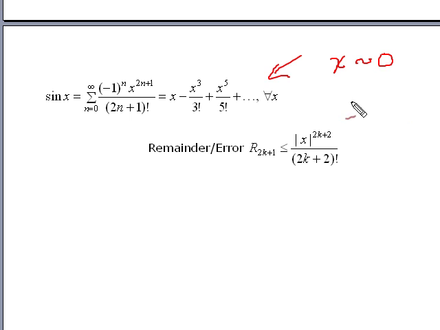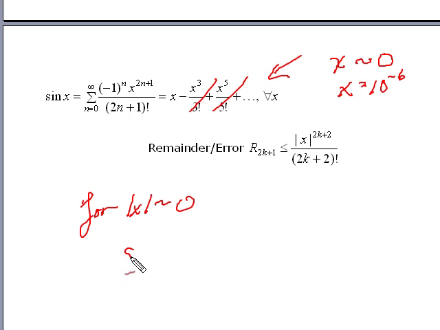If x is close to 0, then x cubed, let's say, pick any number you want, 10 to the minus 6, obviously x cubed is very, very small. X to the fifth is even smaller. So if you neglect these very small numbers, for small values of x, the sine of x is approximately x. And you see that from the series expansion. These higher order terms are very, very small and they can be neglected.